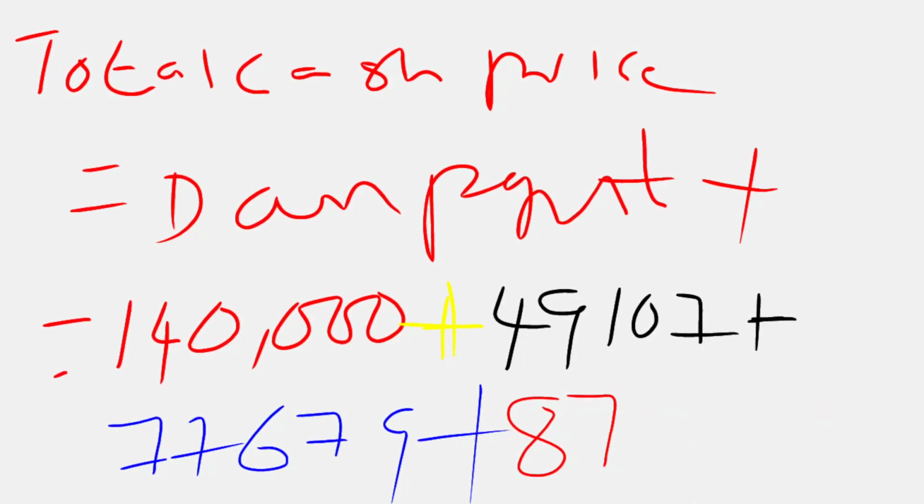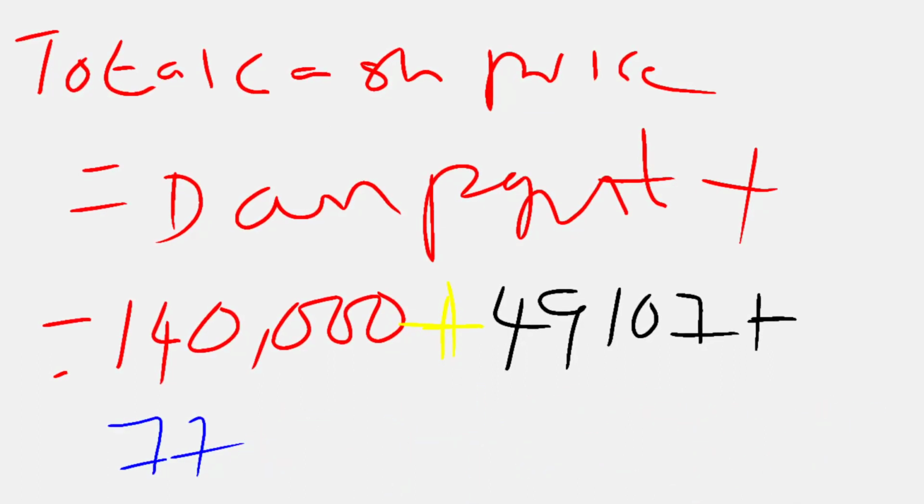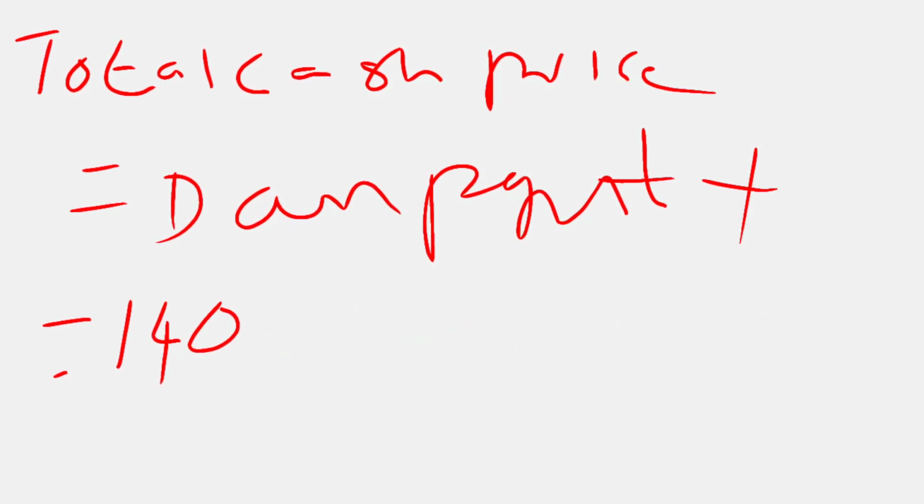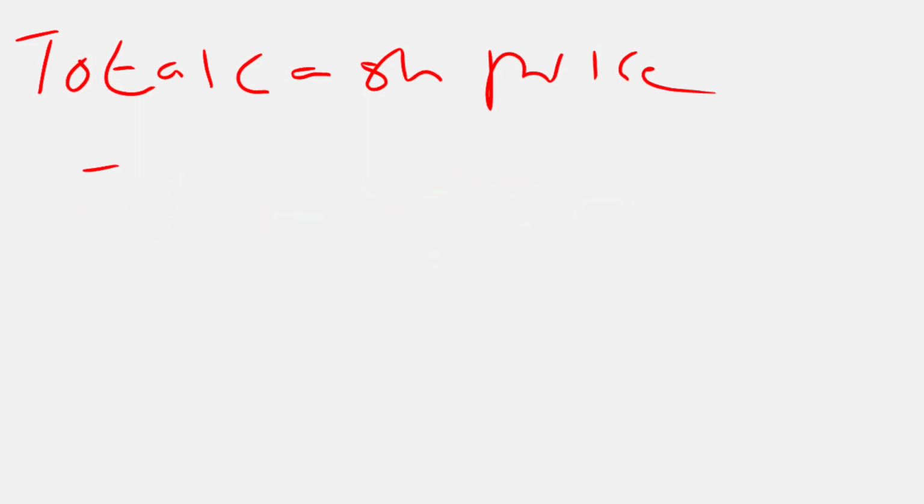Hopefully you understand this step. So after adding all, the down payment, so total cash price of the machine we calculated here.